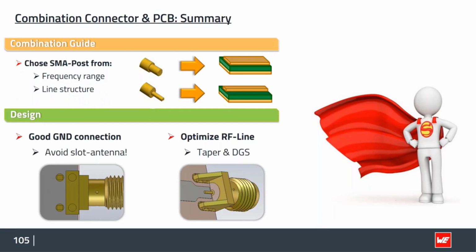A stable ground connection is very, very important, but take a look at the whole connection area to optimize and not to overlook an effect like this: in this connection area it's behaving like a coplanar waveguide, and then it becomes a microstrip line here, so you also have to take care of the gap width here.